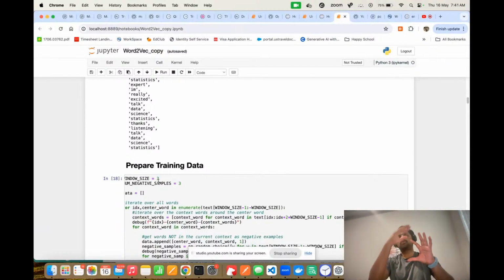So the two words above and below will be picked up if your window size is 3. If your window size is 4, then three words before and three words after.